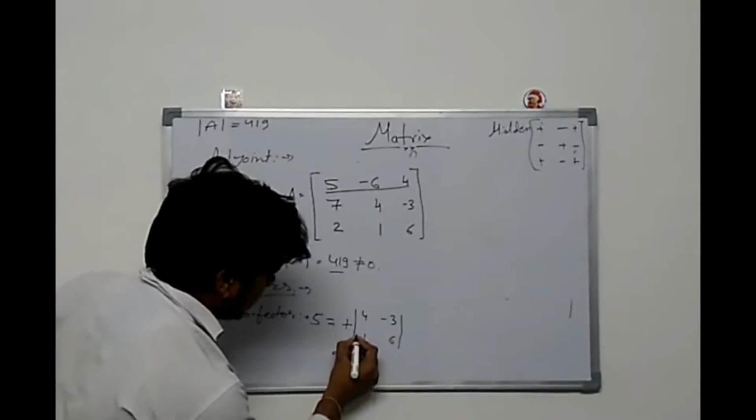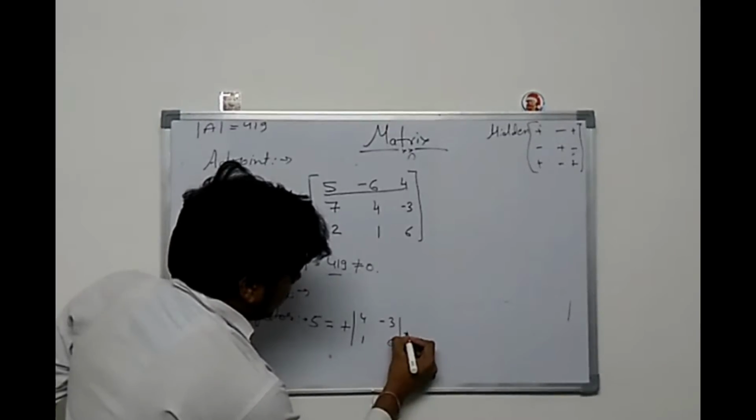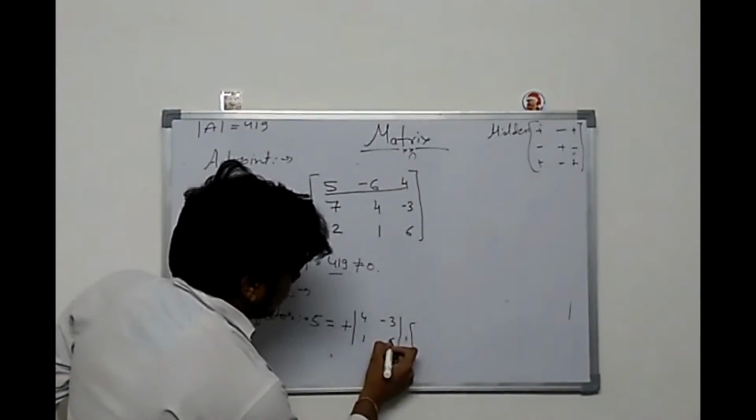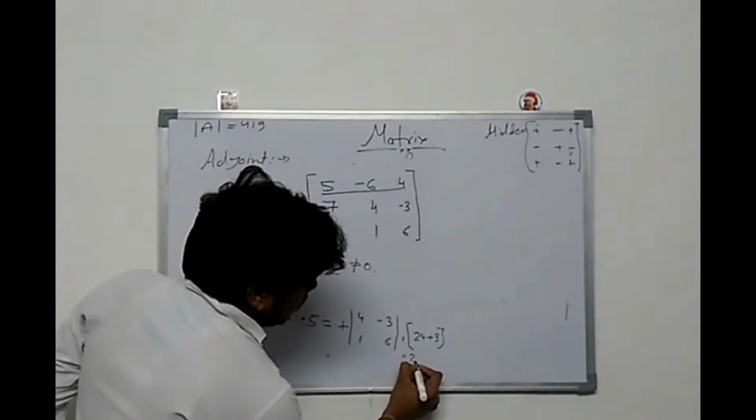The answer will be 6 multiplied by 4 is 24, plus 3, so the answer is 27.